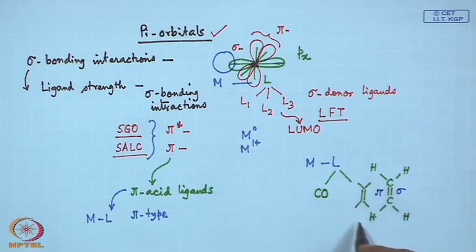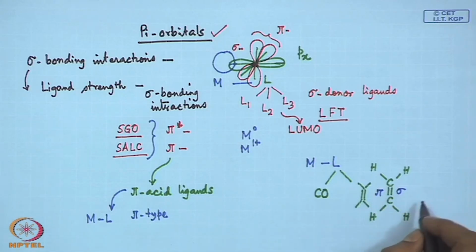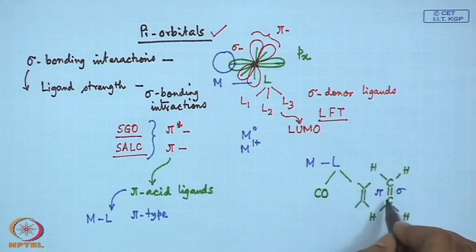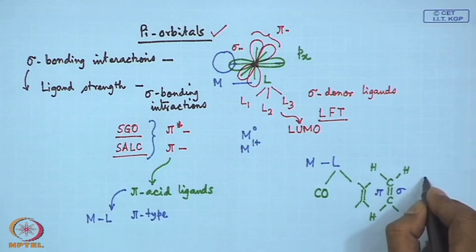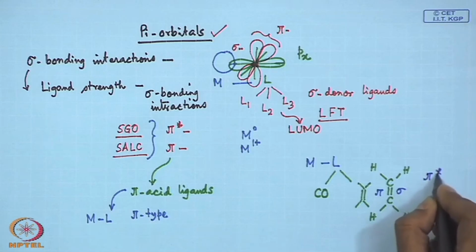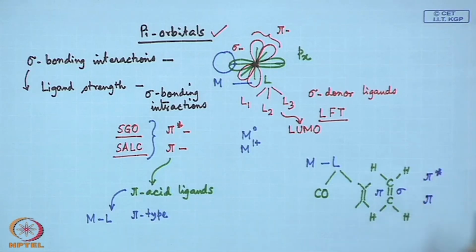So, not only the shape and size of these orbitals, which can be defined as the available pi orbitals from the ligand side. If we have ethylene as our ligand, we can have two pi type orbitals already present in the molecular orbital picture of the ethylene molecule. So, we have the pi star and the pi orbitals present in the ethylene molecule.